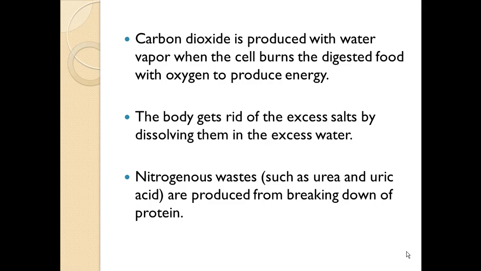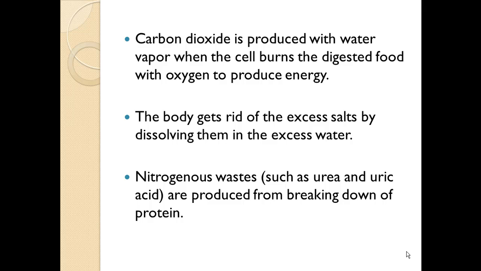The cell takes the proteins and breaks them down, and the waste of breaking down proteins is called nitrogenous waste, such as urea and uric acid.